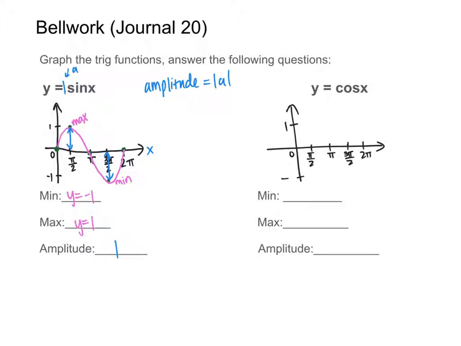Let me grab my pen here. There we go. Starts at +1. Then I think at pi over 2, it goes down to 0, and then at pi, it goes down to -1, then back to 0, and then starts back at 2 pi again at 1.